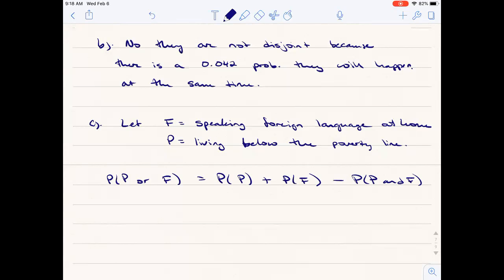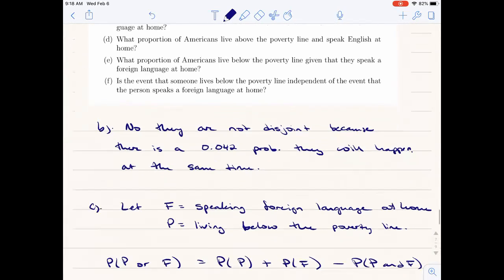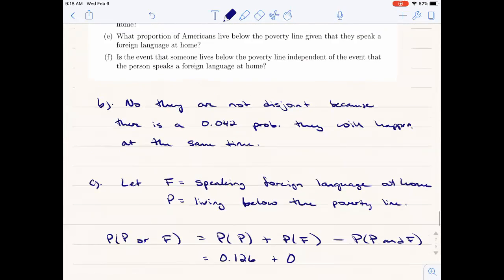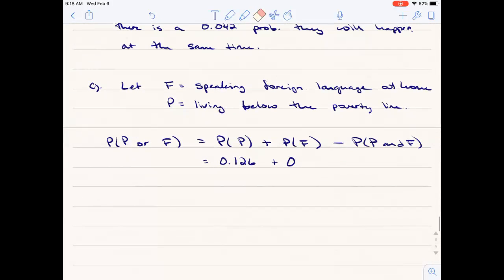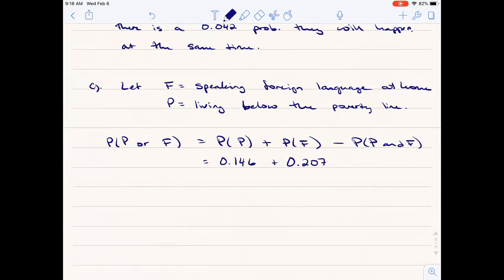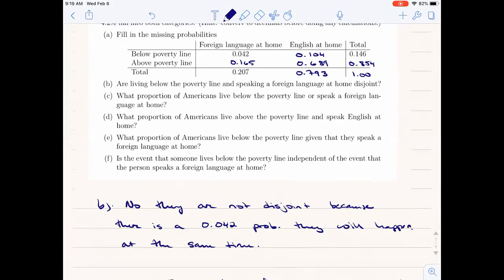From your table, the probability of P, below the poverty line, is 0.146, right? It doesn't matter if they speak a foreign language at home, right? 0.146. And the probability of F is 0.207. Subtracting that overlap of probability, living below the poverty line and speaking a foreign language at home, which is 0.042.